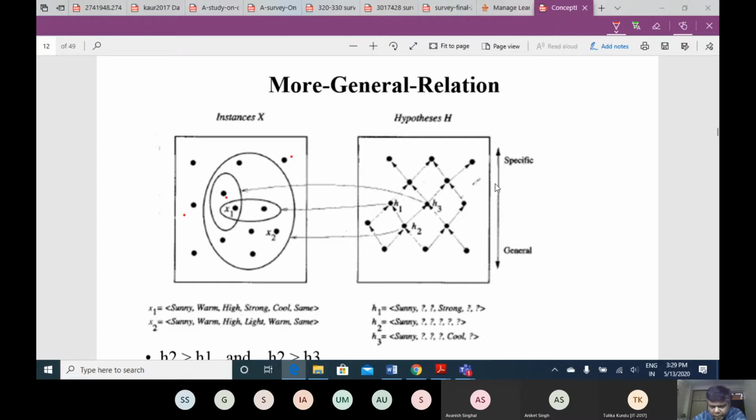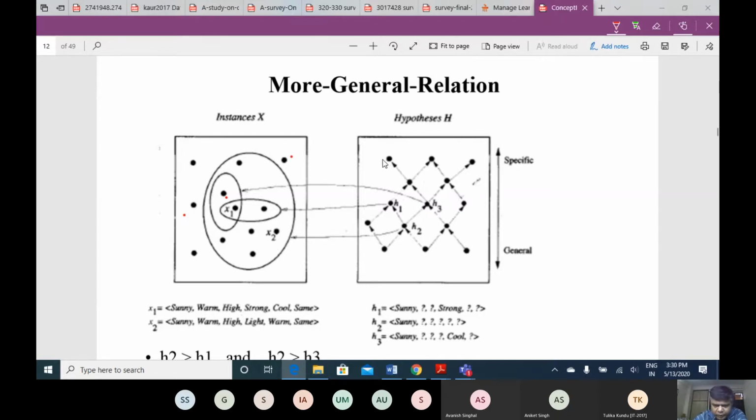Okay, and then you can link them together so that this part consists of general hypotheses, and all more specific hypotheses are shown in this direction. So this is more general, then this is specific, then more specific, and then most specific.